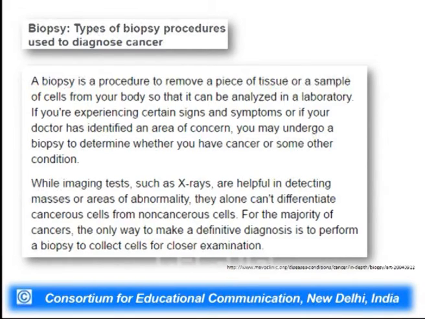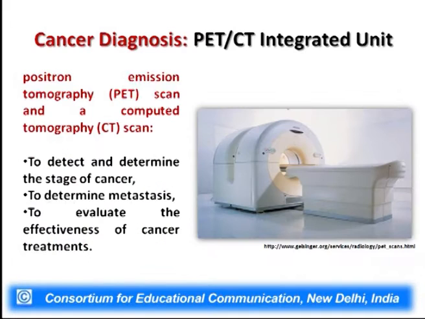There are various imaging tests also available, such as X-ray, PET scan, MRI, and ultrasound, which are helpful in detecting masses and areas of abnormal growth. These imaging techniques are used along with the biopsy technique to confirm that the samples are collected from the appropriate positions.